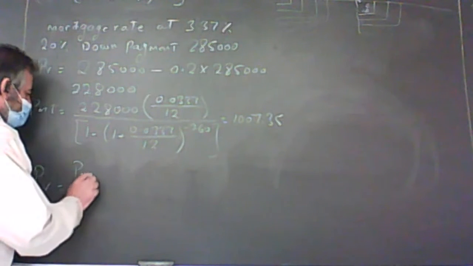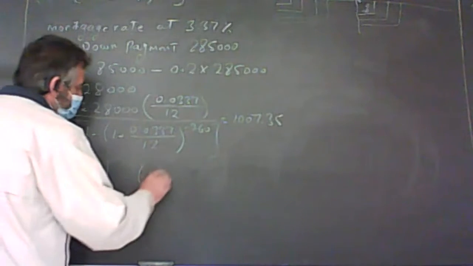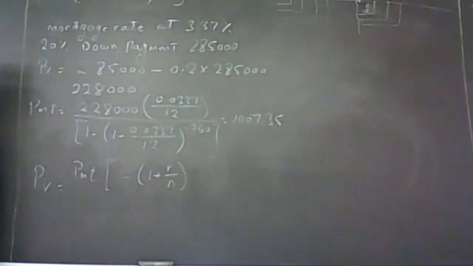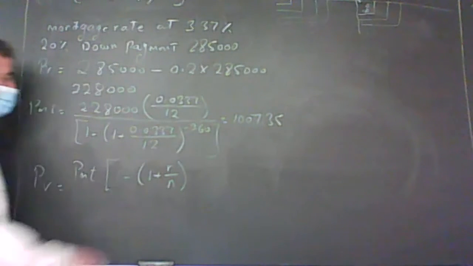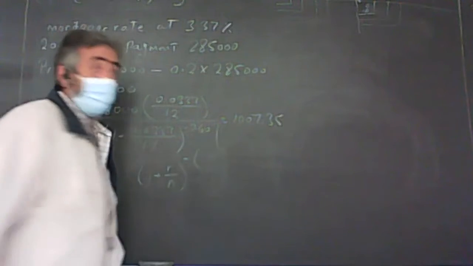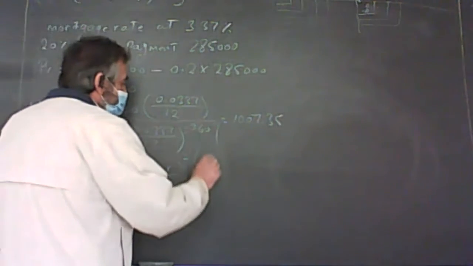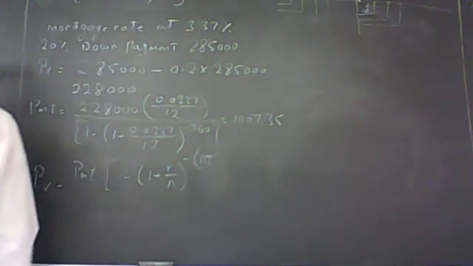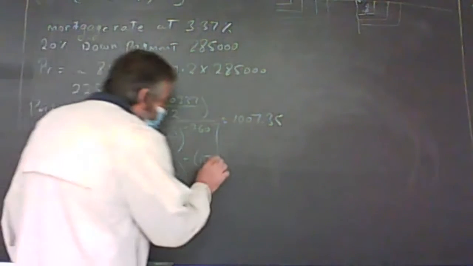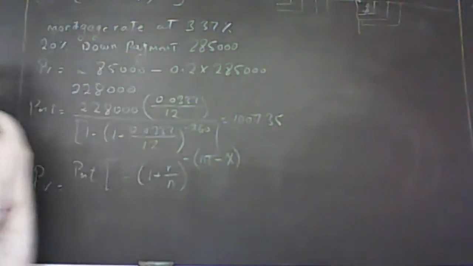It's going to be the payment times 1 minus 1 plus R over N, to the power... if we were looking for the whole loan, I would say NT. But I'm looking for the leftover, so I'm just going to subtract whatever payments I made.